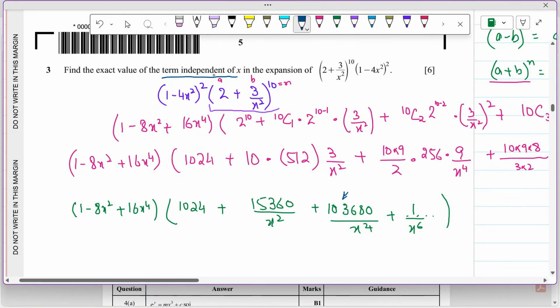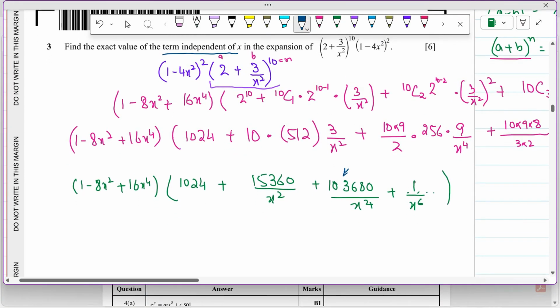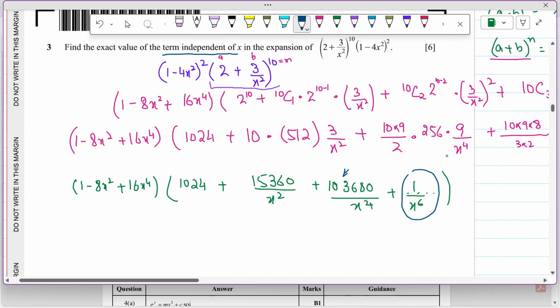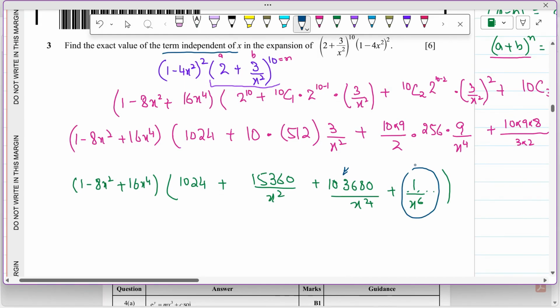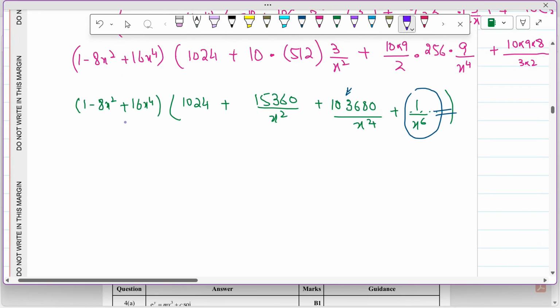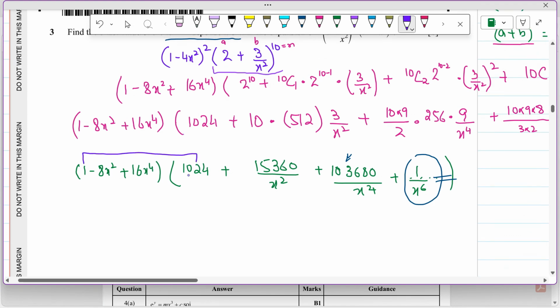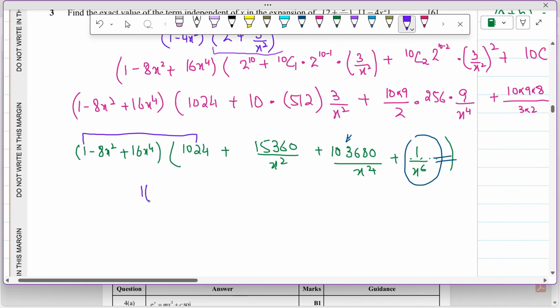As we need the terms which are independent of x, when we multiply 16x⁴ with the 1/x⁶ term, we will have x² in the denominator. So we don't need to solve further, because all the remaining terms will have x to a power greater than 6 in the denominator. First we multiply constant with constant, which is 1 times 1024.